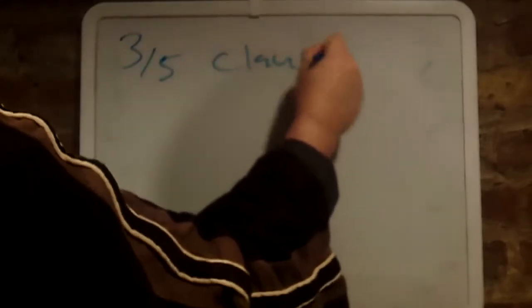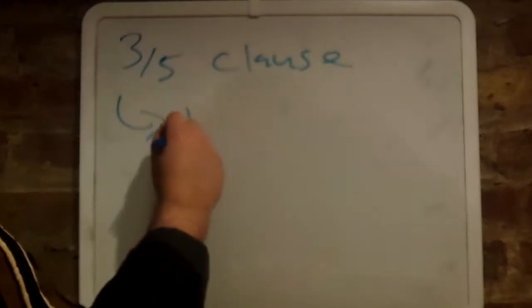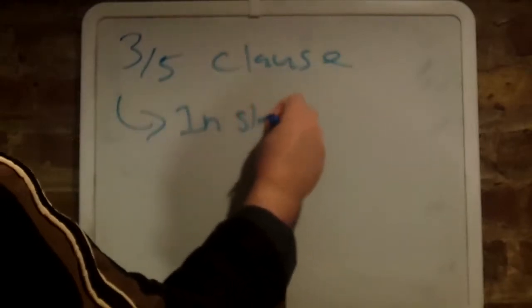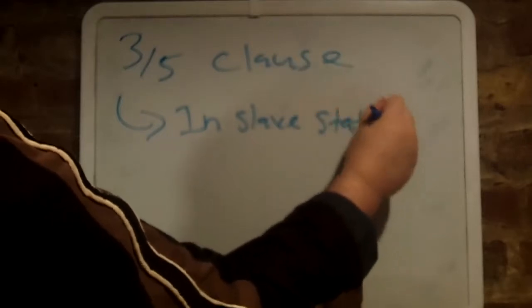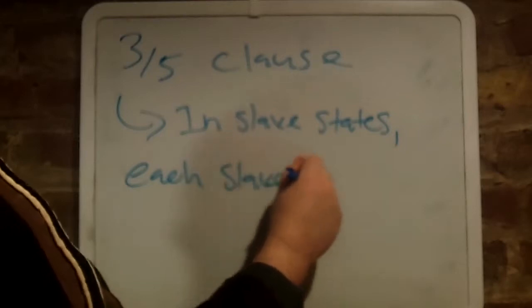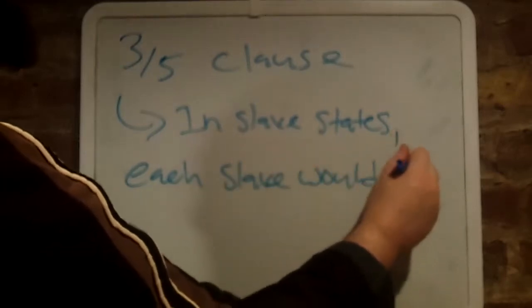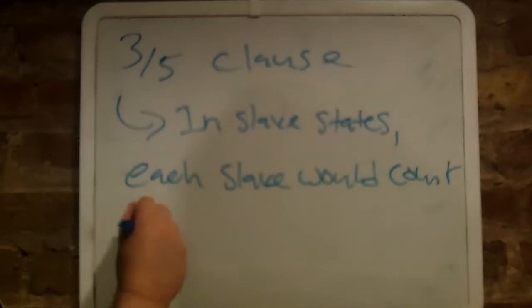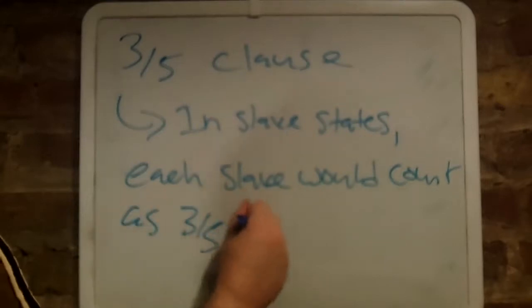And then, going back to slavery, there was a clause, and this clause is still in the Constitution. It was struck down by later amendments, obviously, but it was the 3/5 clause, which said that in the slave states, each slave would count as 3/5 of a person for population purposes.